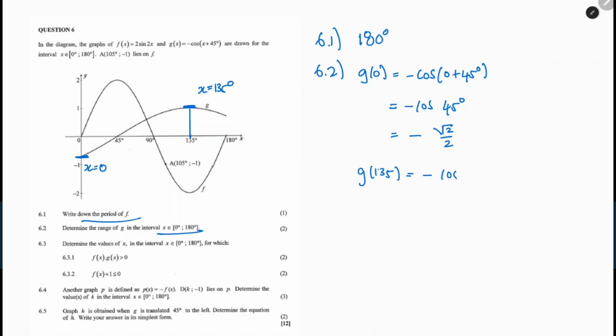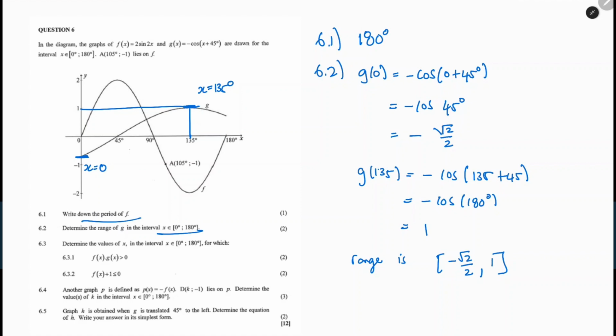That's going to give us minus cos of (135 plus 45), which is minus cos 180. And again, you should know that if you know the cos graph, and we can actually see here, that's just 1. Right, so the range is, we can go as low down as minus root 2 over 2, up until 1. And that is the answer for 6.2.